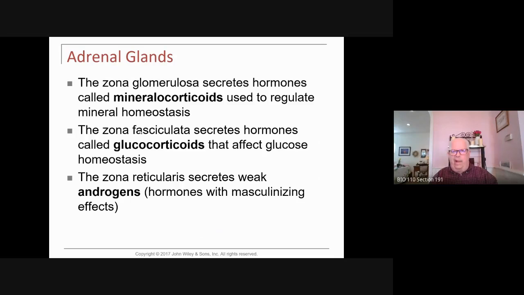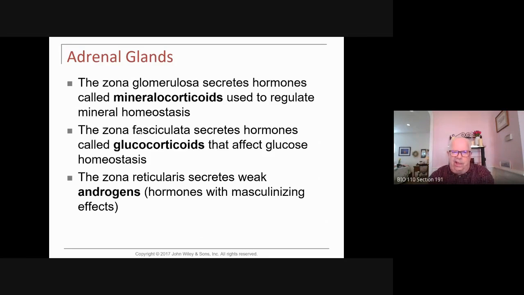This is what we talked about. The glomerulosa secretes hormones called mineralocorticoids. The number one mineralocorticoid that regulates mineral homeostasis is aldosterone. The zona fasciculata, which is the middle area of the cortex, secretes glucocorticoids that affect glucose homeostasis. The number one hormone is cortisol.